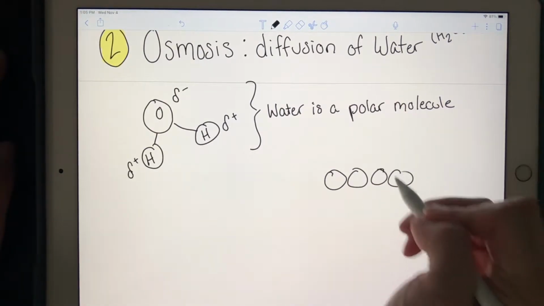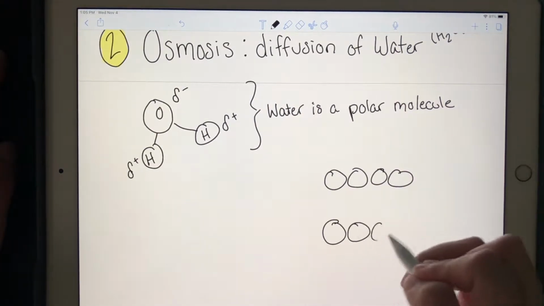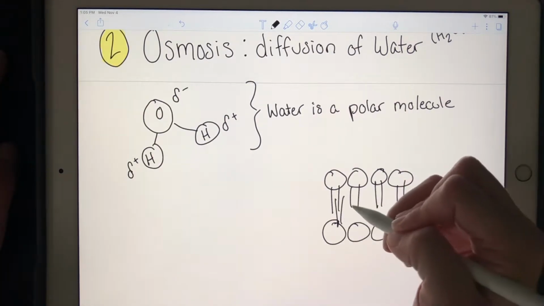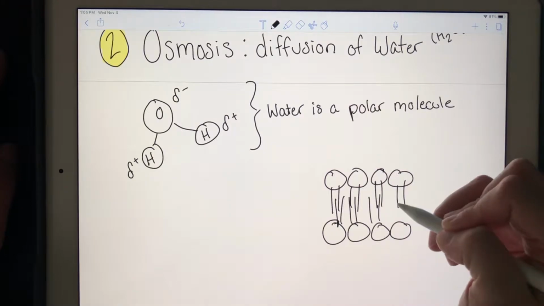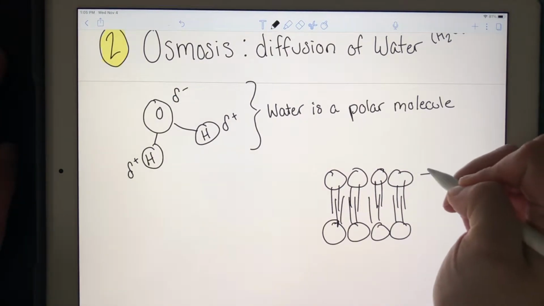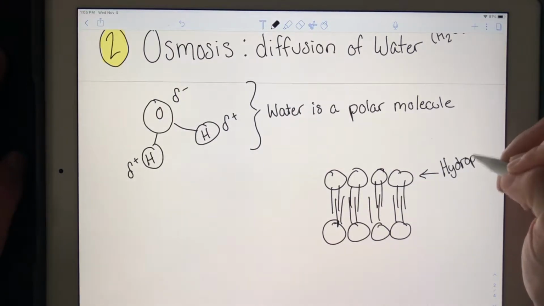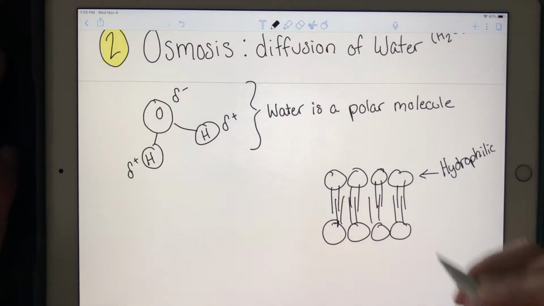And I think many of you remember from our sketch of the membrane that we have one part of our membrane that's hydrophilic, meaning it loves water. That's not a problem.